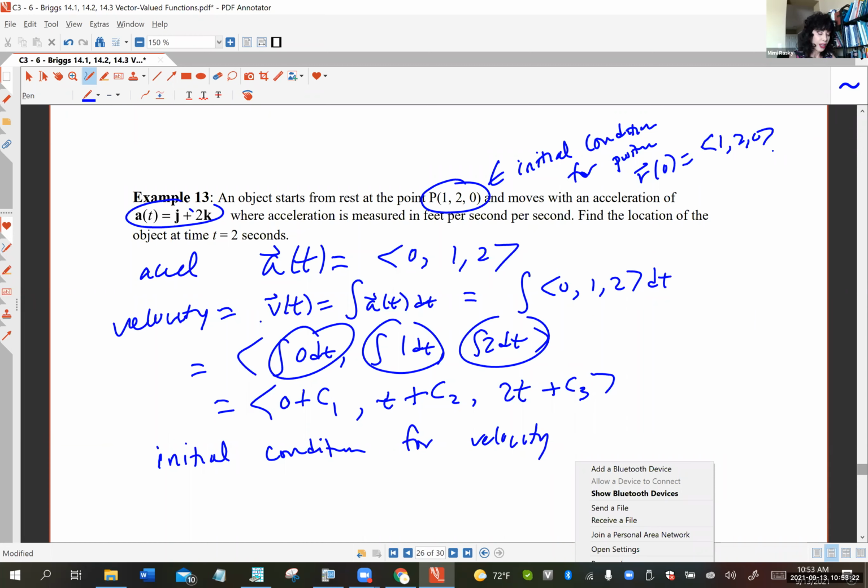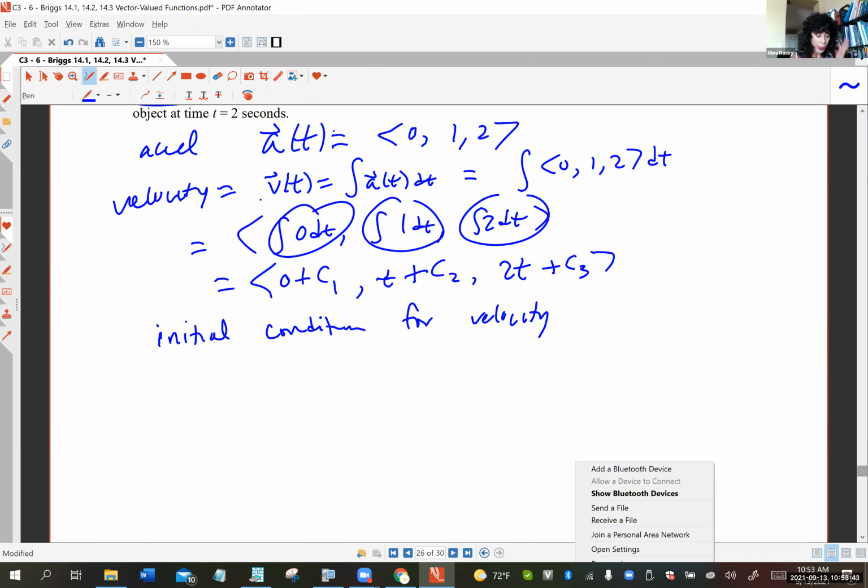What about initial velocity? Now, this is tricky, but they said rest. And what that means is that at time t equals 0, velocity was equal to the 0 vector. So it's saying that v of 0 is in fact the vector with components 0, 0, 0.